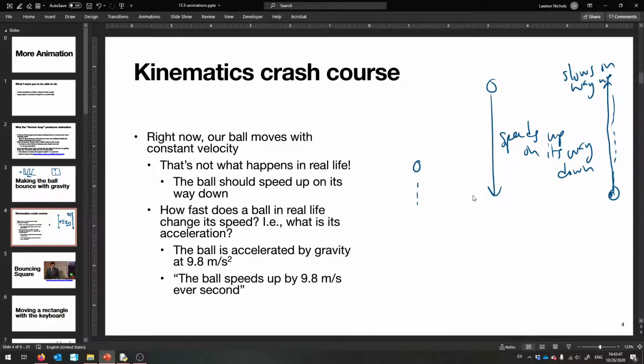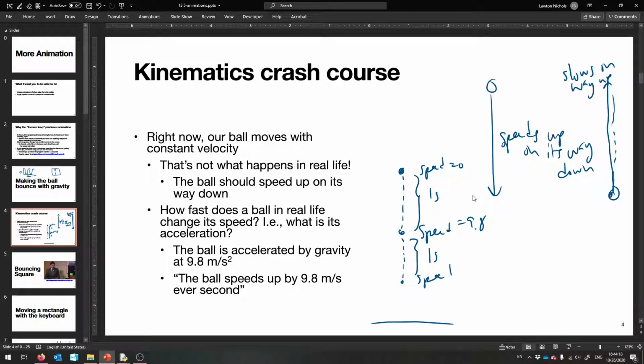Then at 1 second, when the ball's over here, so here's the ball, speed 0. 1 second later, the ball's down here, the speed must be 9.8, okay? Because every second it changes by 9.8, okay? 9.8 meters per second. That's what acceleration means. So at second 2, if it hasn't hit the ground yet, maybe the ground's down here, this is another second, that speed is 9.8 plus 9.8. You see that?